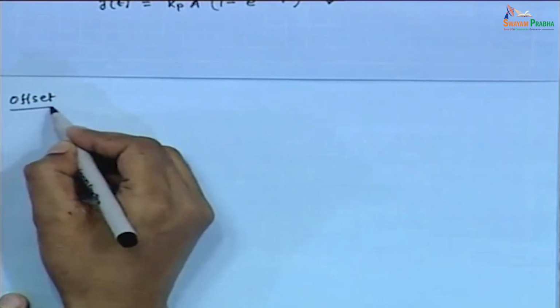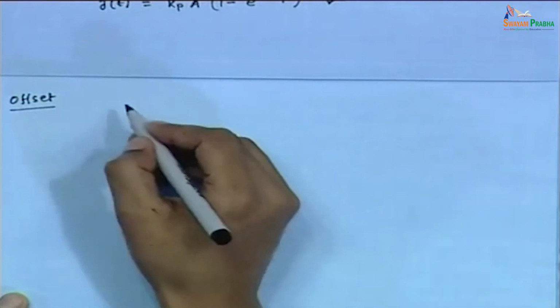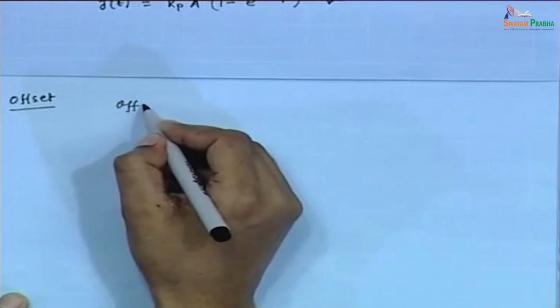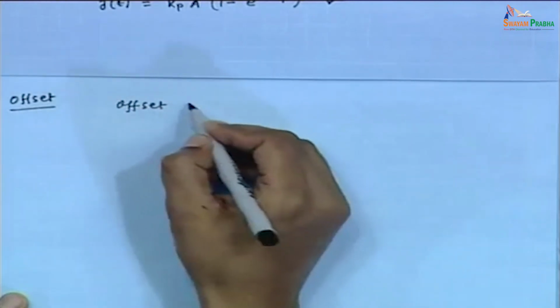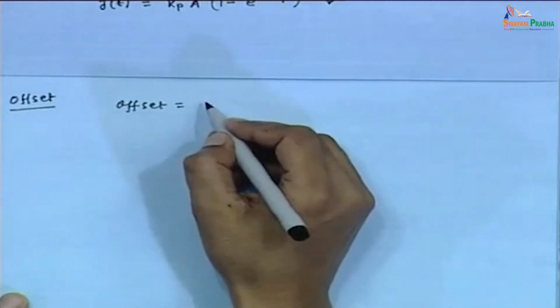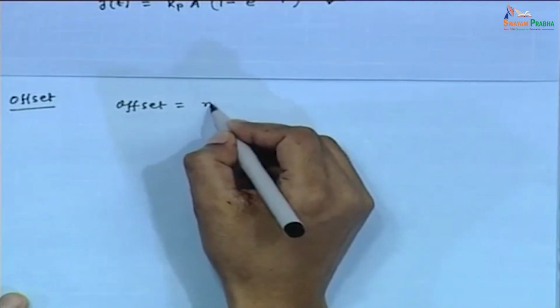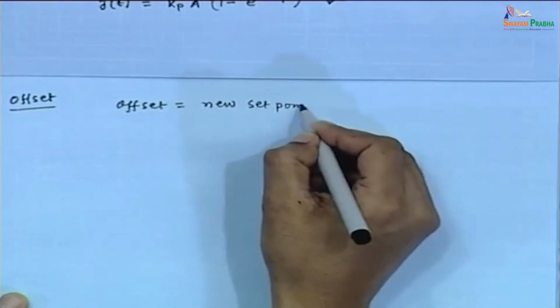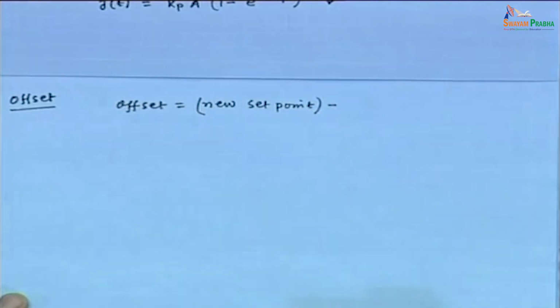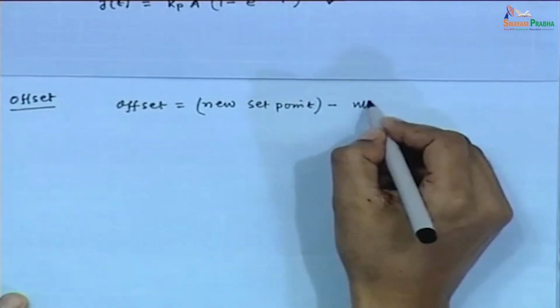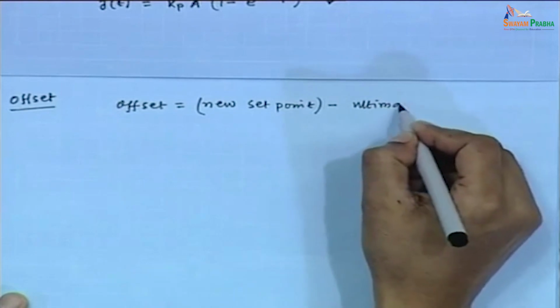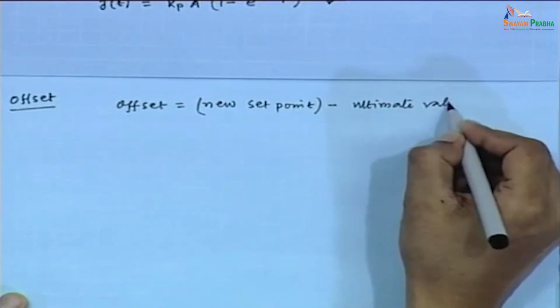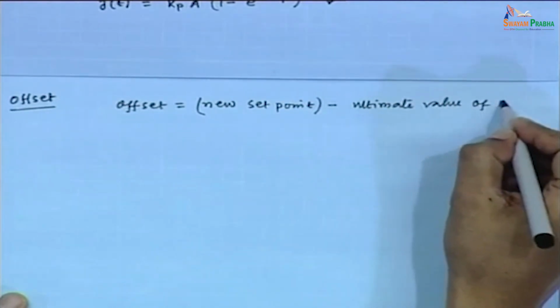Offset is calculated by representing the new set point minus the ultimate value of the response.